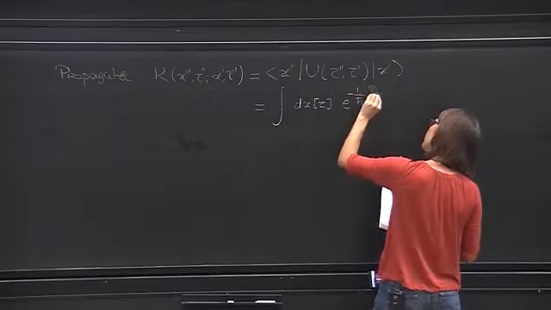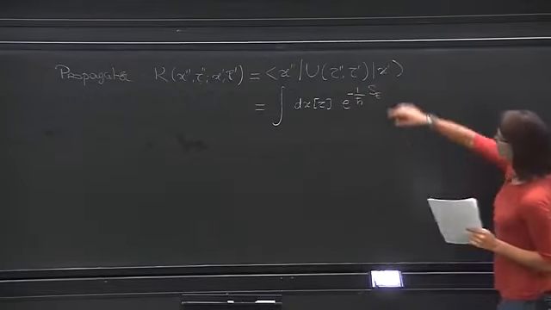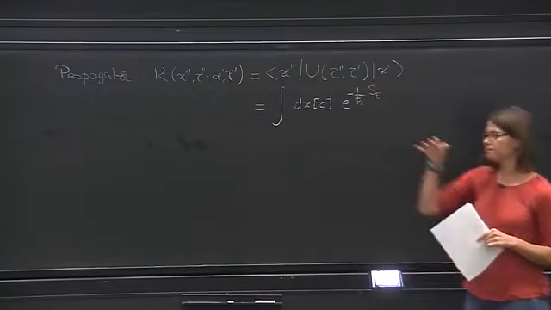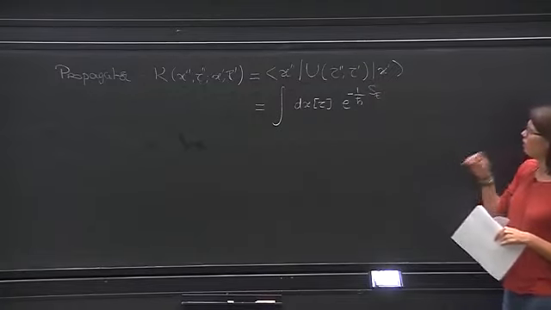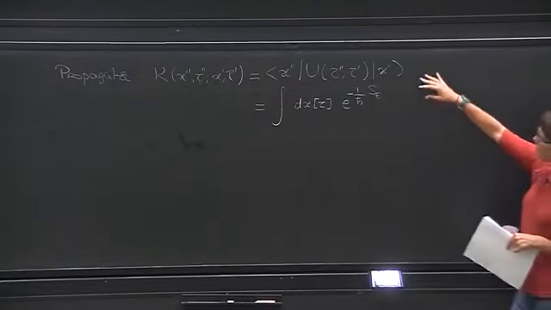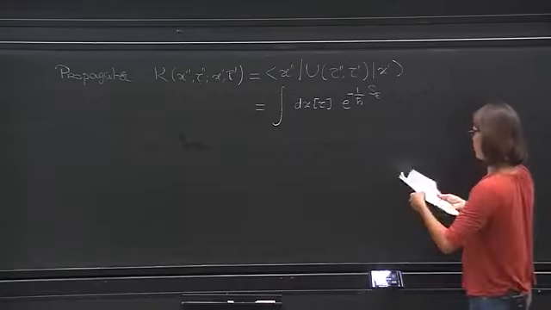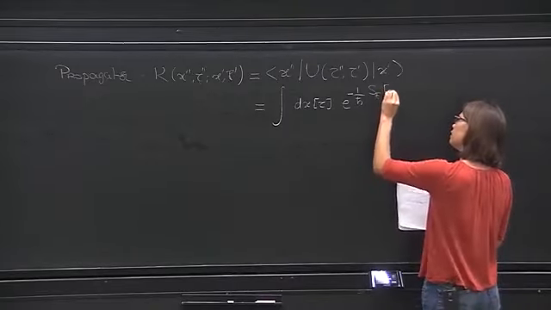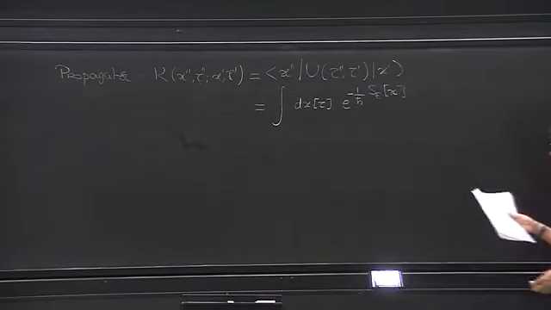So the result is this formal expression. You remember that to get it, we split the time interval into n intervals of equal duration, and then we end up with this expression if we formally take the limit n goes to infinity.